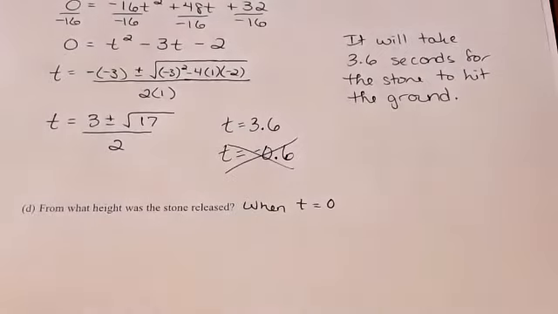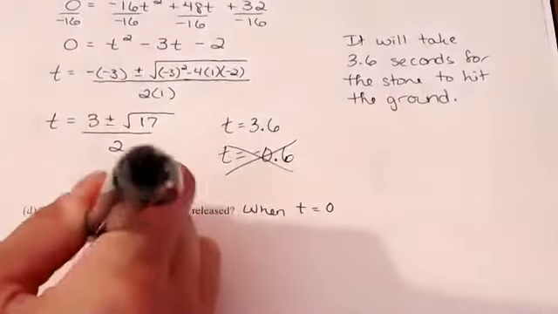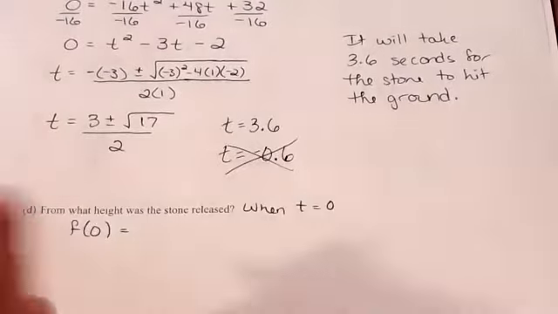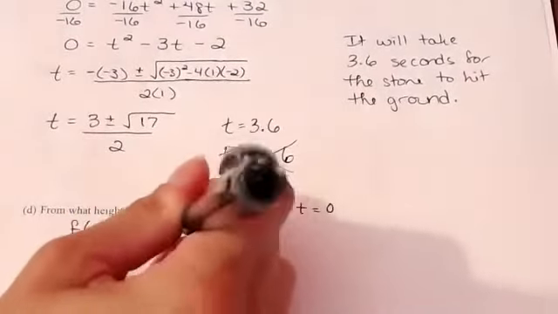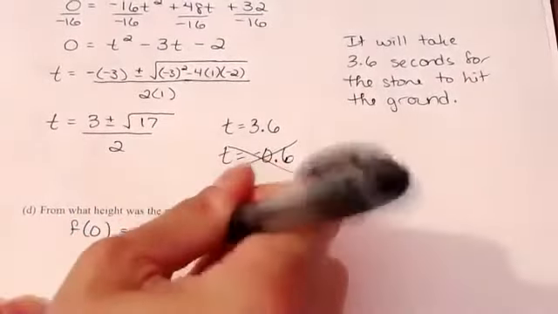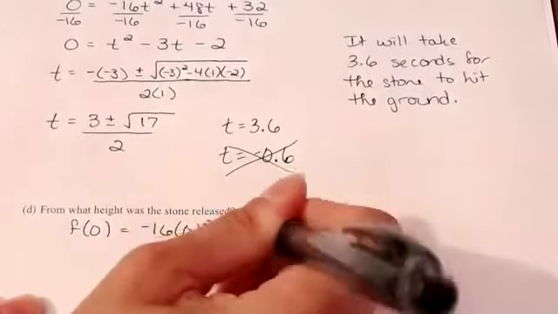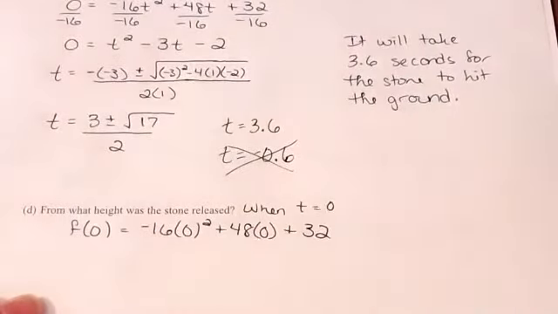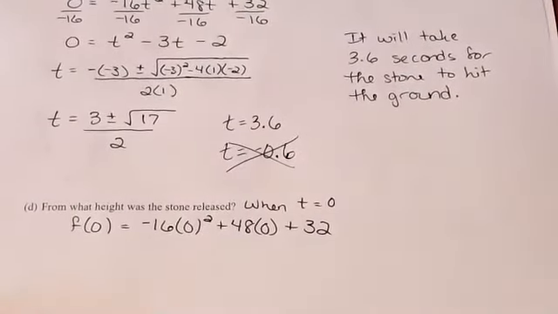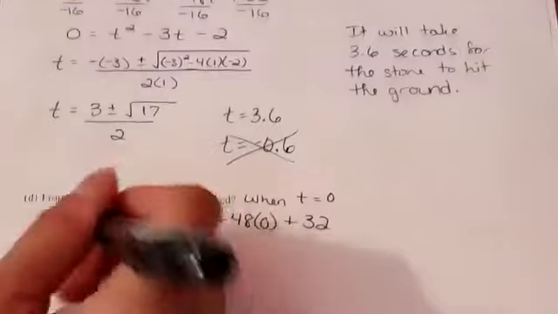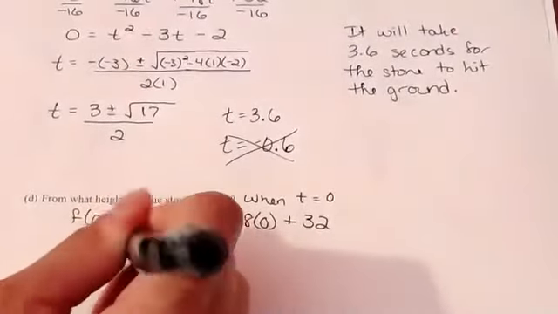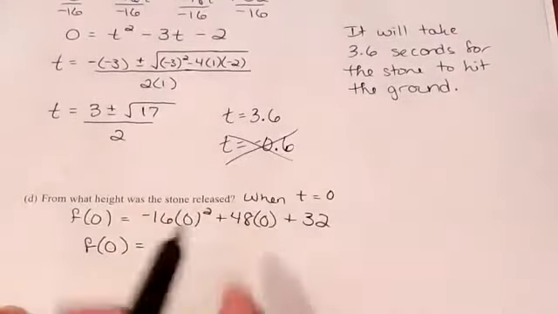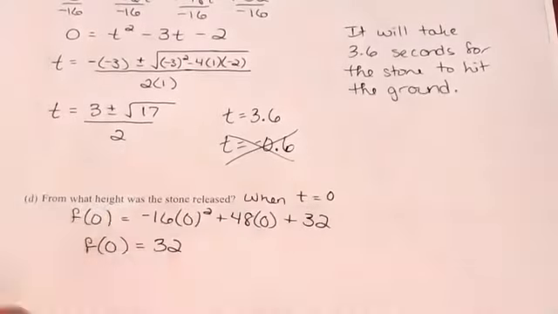which is actually super cool because all you have to do is take time and replace it with 0 in your equation. You'll probably get used to the fact that what this is asking you for is the y-intercept, right? From what height was the stone released? So when you do the math, you find that these 0 out and you're left with 32.